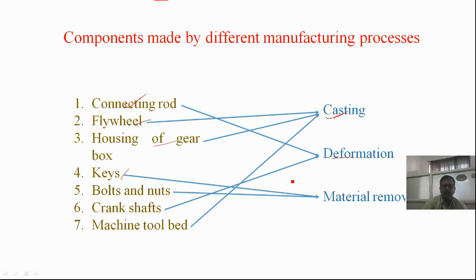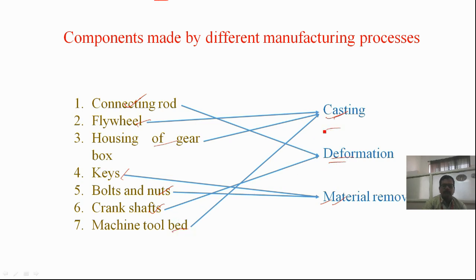Keys are done by material removal or machining operation. Bolts and nuts again by machining operation. Crankshafts are done by deformation or forging operation, whereas the machine tool bed by casting.